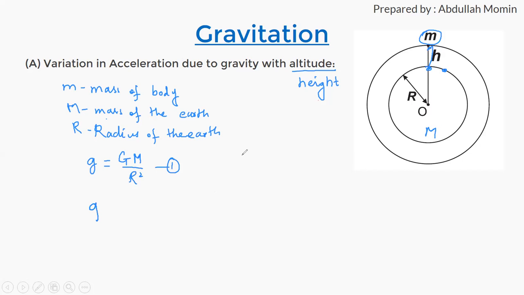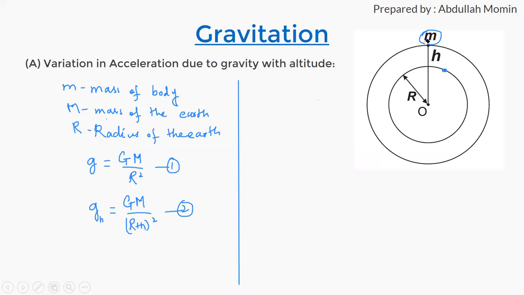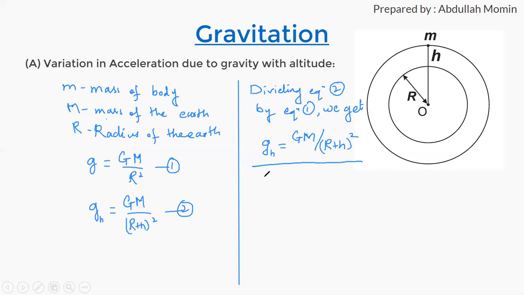Now dividing equation 2 by equation 1, we get gh upon g is equal to GM upon R plus h whole square divided by GM upon R square.